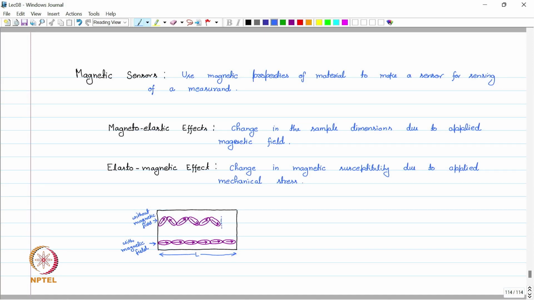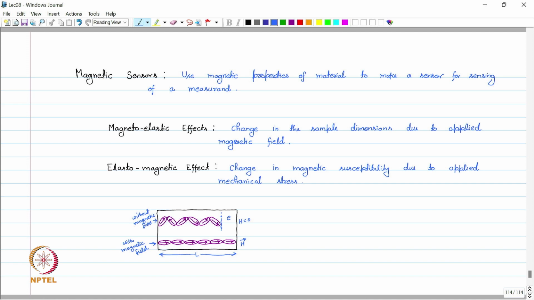We see they occupy somewhat smaller length than capital L, and this is, let's say, the extra length which is caused because of the application of magnetic field. So here H is 0 and here H is applied, which is a vector quantity.